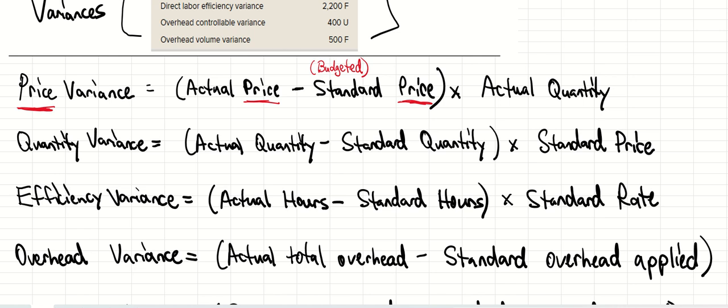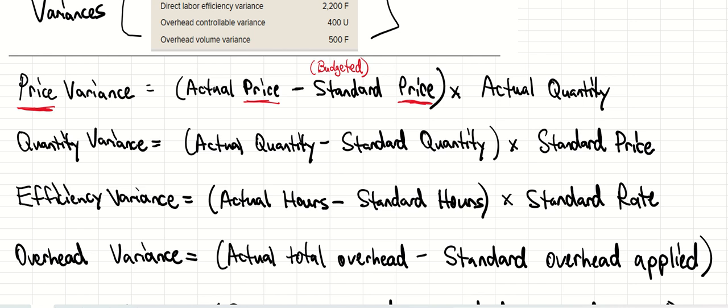Now, when it comes to determining whether the variance is unfavorable or favorable, it's going to be determined based on the difference between the actual price versus the standard or budgeted price. So if the actual price is greater than the standard or budgeted price, then that lets you know that that's an unfavorable variance.